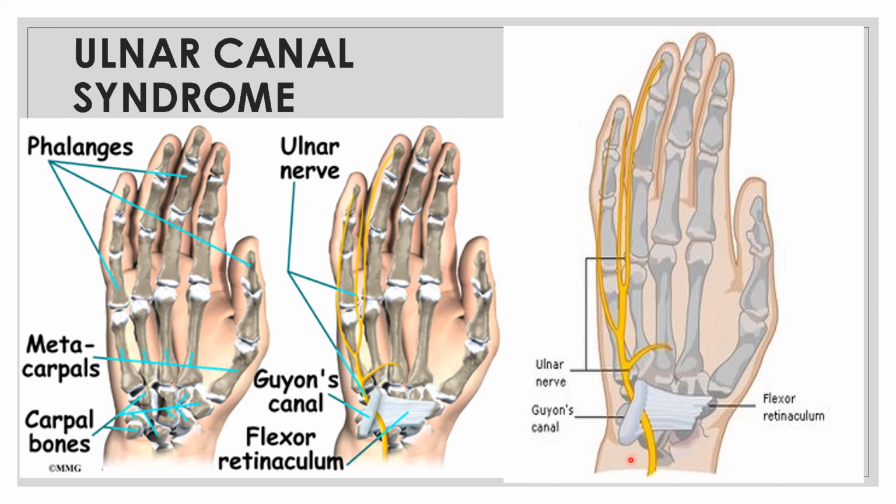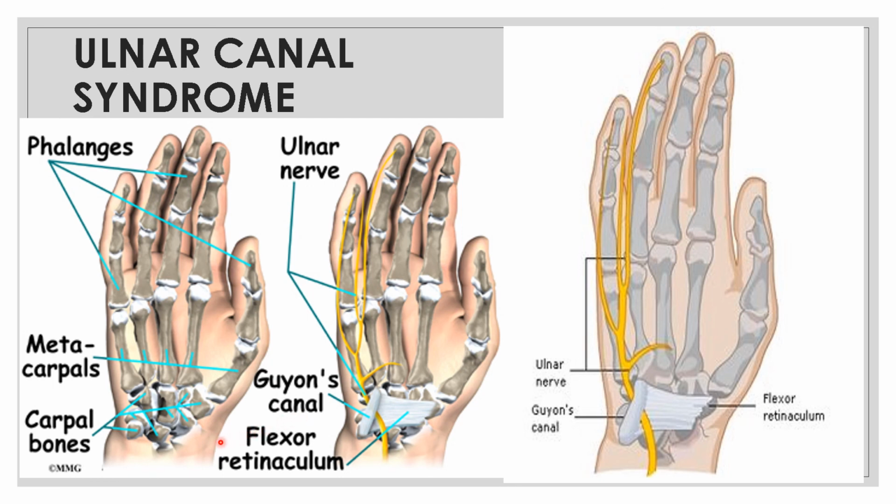Compression of the ulnar nerve occurs at the wrist, where it passes between the pisiform bone and the hook of hamate. There is a depression between these two bones, and it is converted by the pisohamate ligament into an osteofibrous tunnel, which is also known as the ulnar canal or Guyon canal.